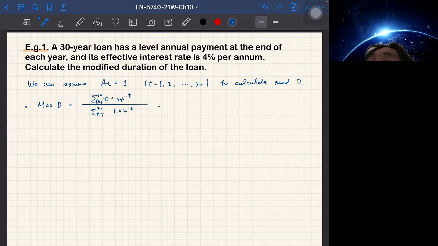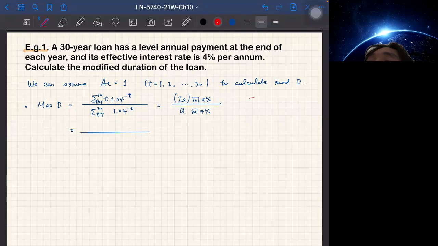And you can see that this becomes the increasing annuity of 30 years at 4% over the usual annuity, which is a-angle-30 at 4%. So that means the MacD is equal to this quantity.